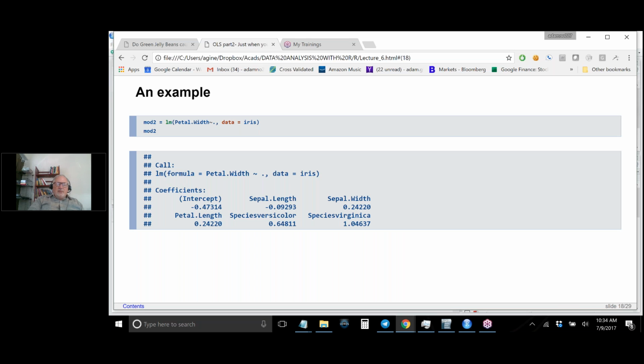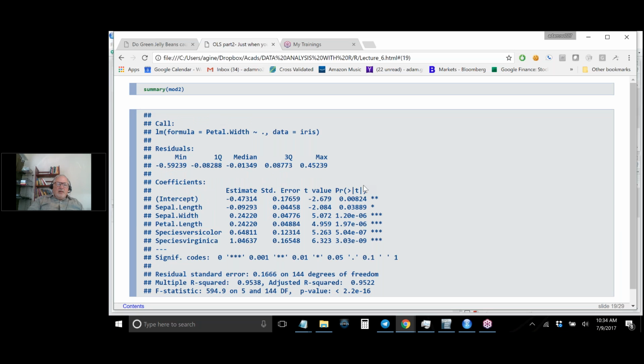So here's an example. If we look at the iris data and predict petal width on all the variables, now we're going to have more than one. And if I look at summary, we see we have an intercept, we have the two dummy variables, and we have the 1, 2, 3 numerical variables. So you have 5 variables and an intercept makes 6.